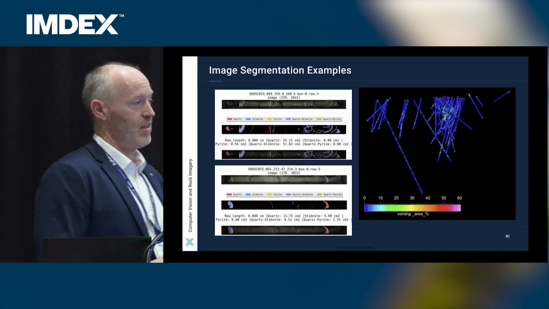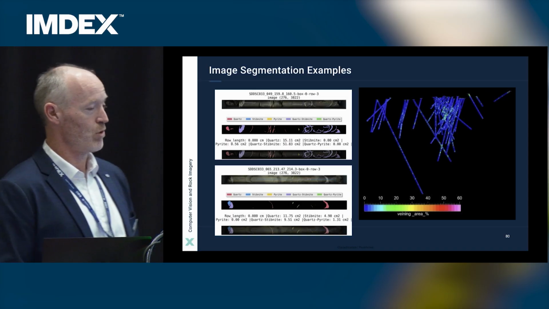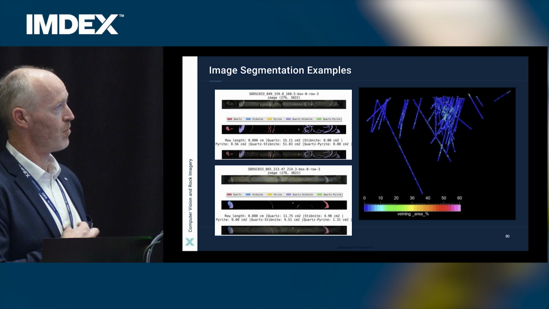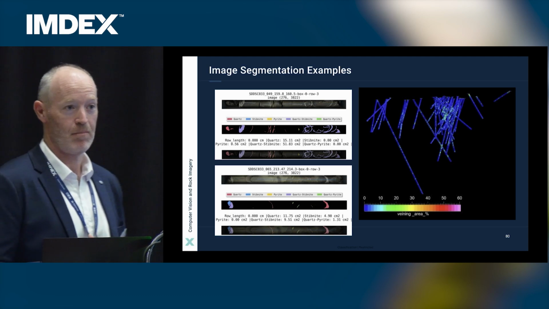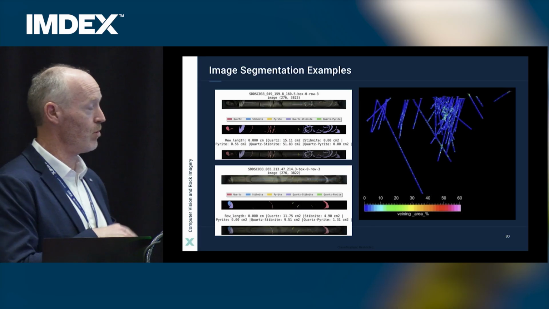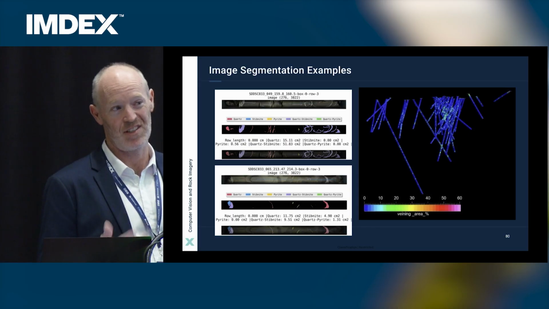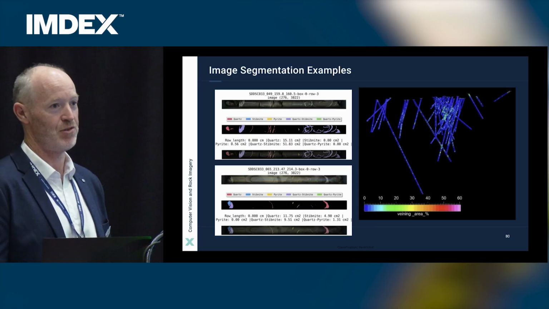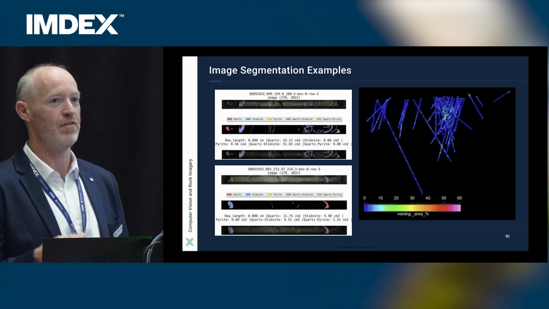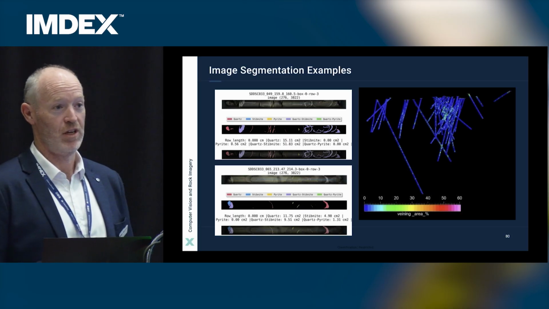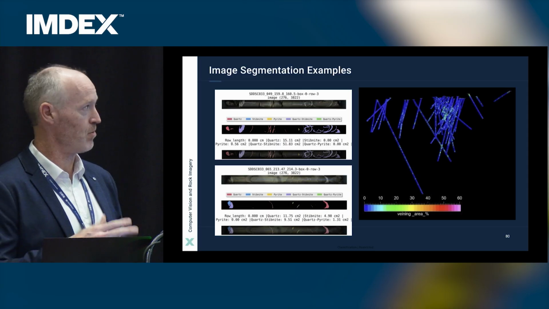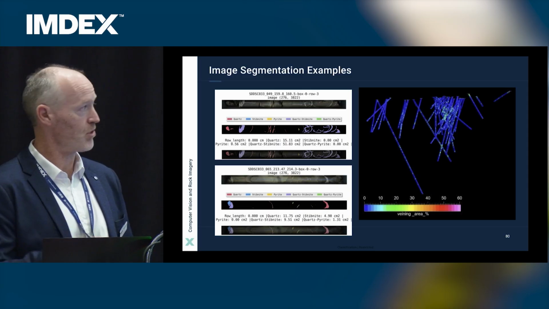Image segmentation. This is where things start to really shine. This is an example from a gold system where they had a number of different types of veins that were different mineralogy. They looked different, and I think this is a key thing. We are talking about imagery here, so there has to be a visual difference. They looked different, and they were associated with different styles of mineralization, or mineralization or not.